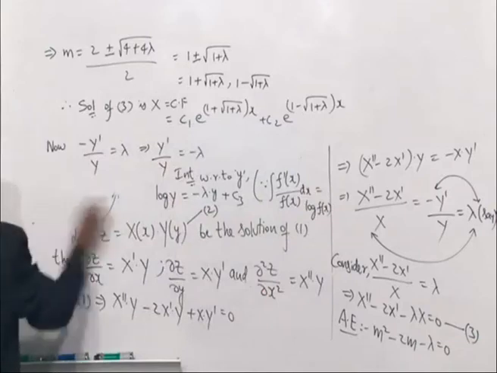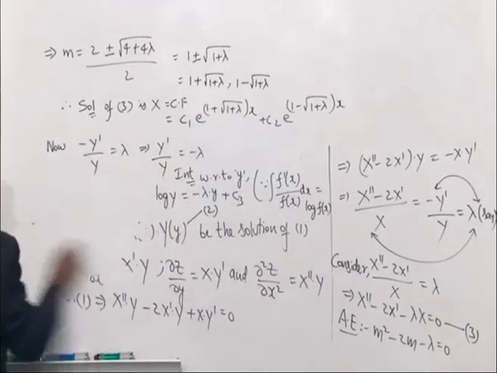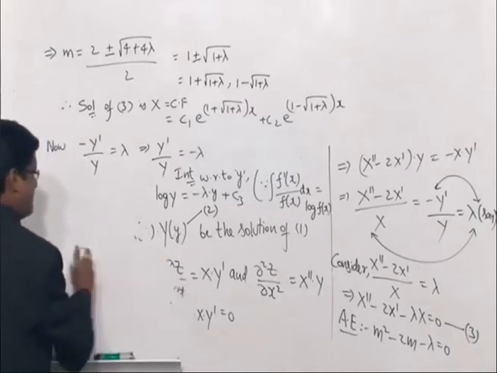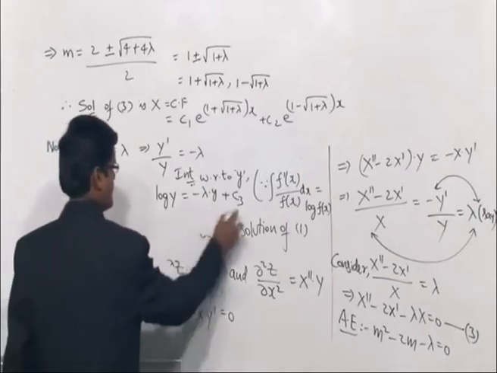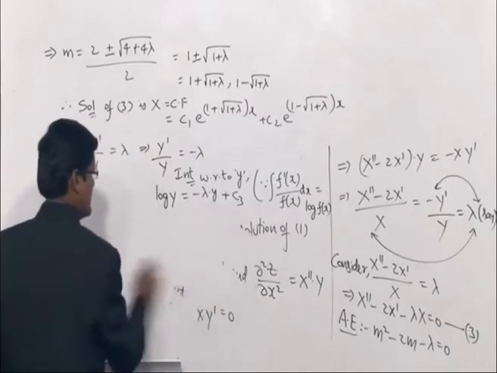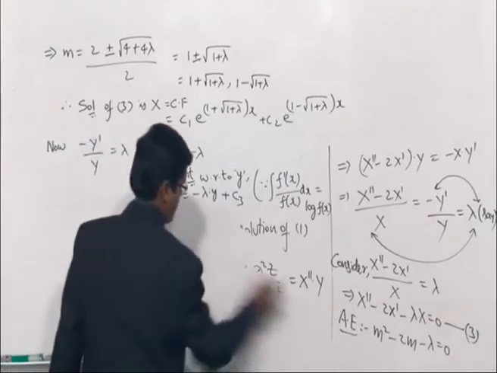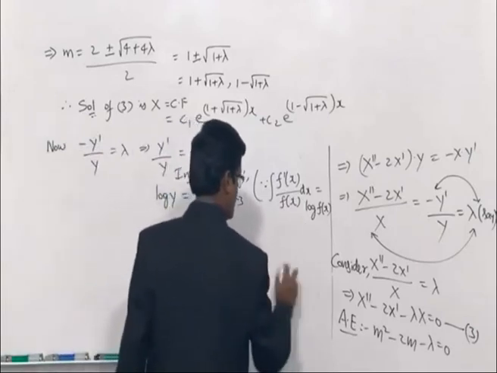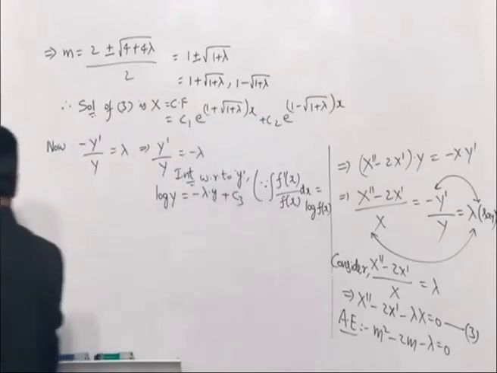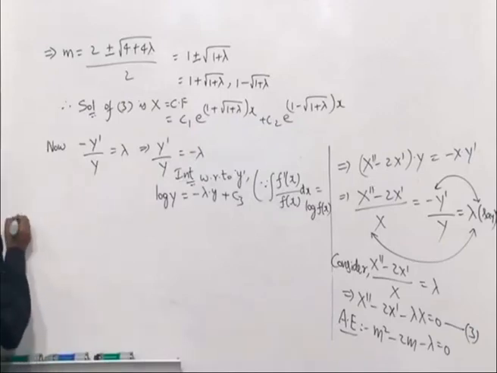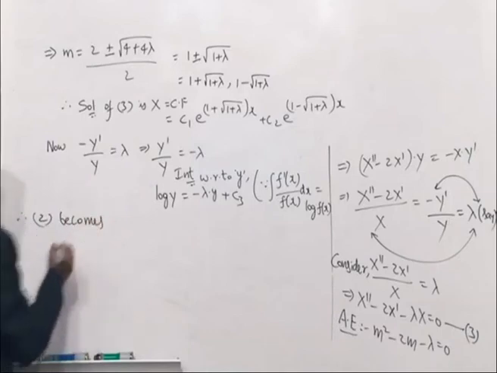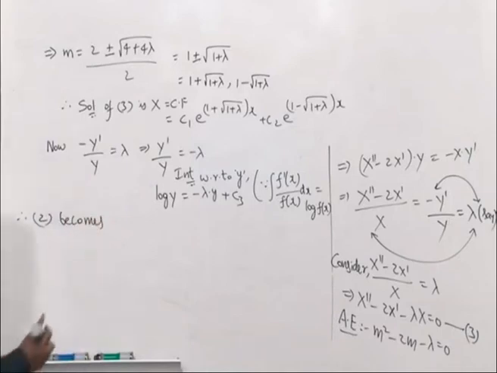Now after finding the individual solutions, substitute in equation 2. So therefore equation 2 becomes, substituting these individual solutions in equation 2.